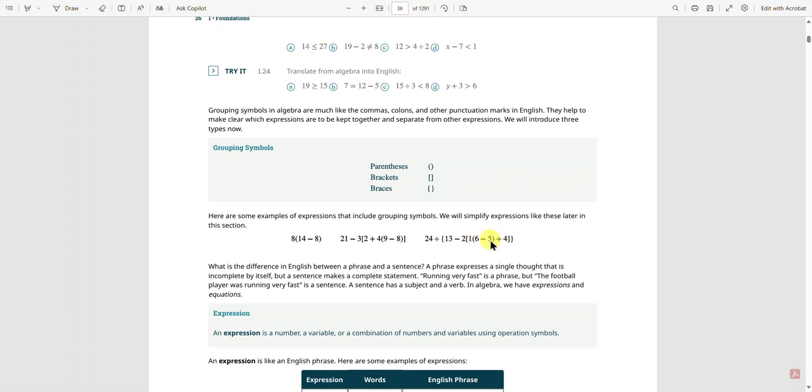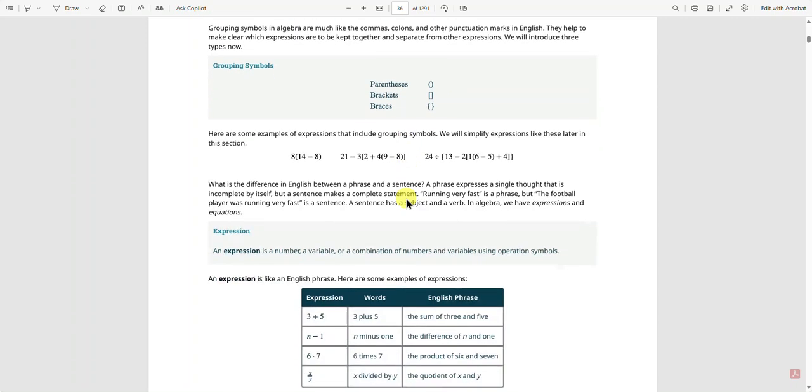Then if we need to group something further, we move from parentheses to brackets, and then if we need to move further, we use braces. So you can see the parentheses, the brackets, and the braces used here to group different expressions together, and we'll learn more about that later. All right? So 3 different grouping symbols.